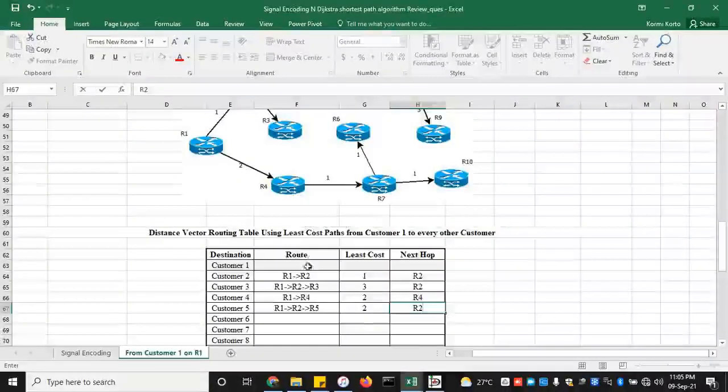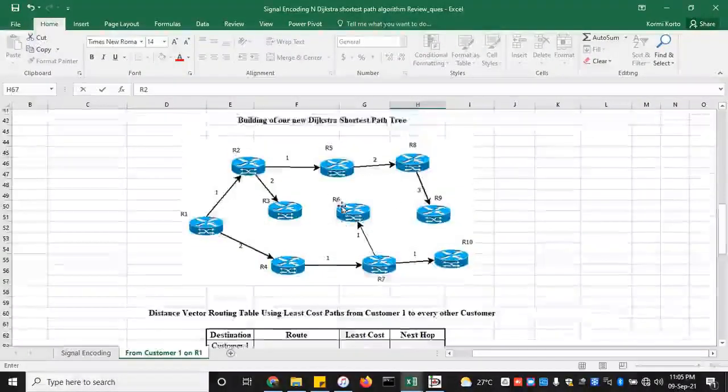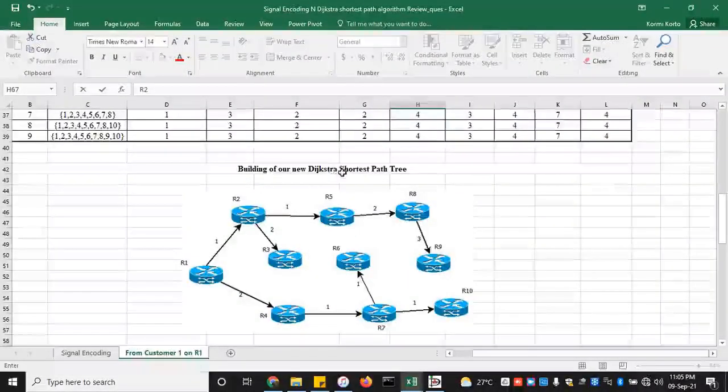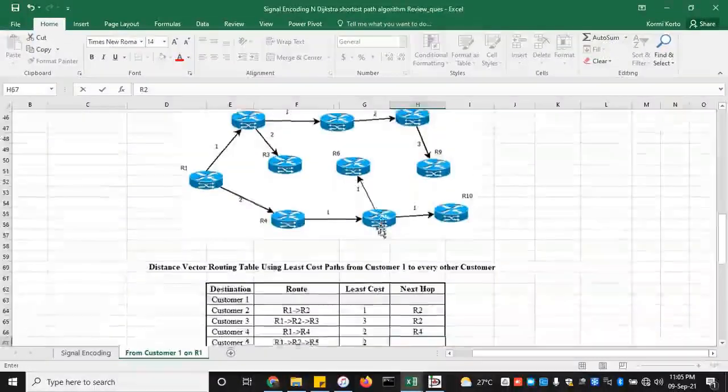I'm just basing this off the new shortest path tree that we have.